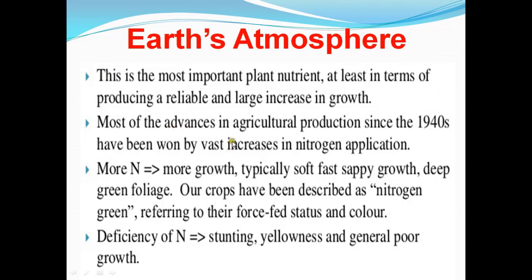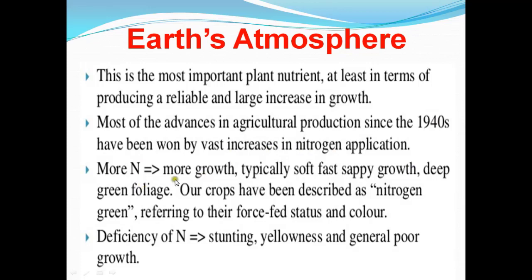The earth's atmosphere is a major source of nitrogen, and nitrogen is the most important plant nutrient, at least in terms of producing a reliable and large increase in growth. Most of the advances in agricultural production since the 1940s have been owed to vast increases in nitrogen applications.